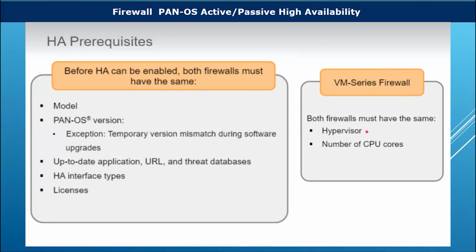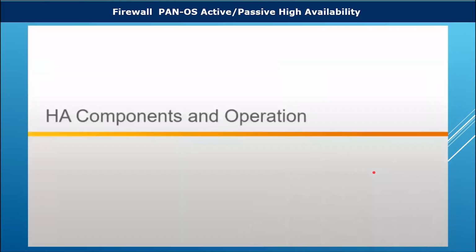Like if one firewall is deployed on VMware, the other firewall should also be on VMware. It should not be that one is on ESXi and another on a different hypervisor. Both should be on the same platform. The number of CPUs and cores should be the same. These are the prerequisites for your high availability.